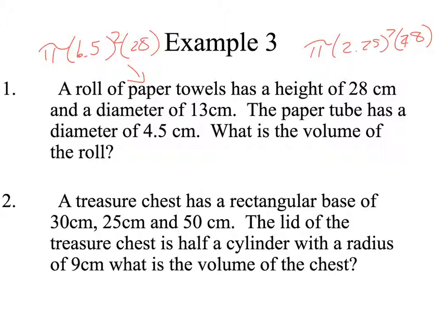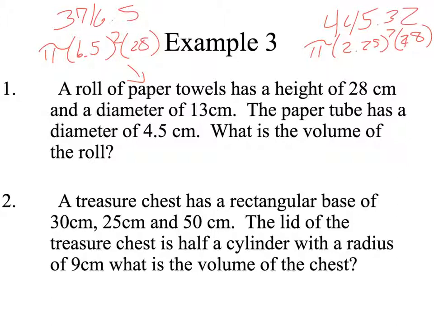So pi times 6.5 squared times 28. And for the whole roll, I'm getting 3,716.5. For just the roll, pi times 2.25 squared times 28 as well, I'm getting 445.32.